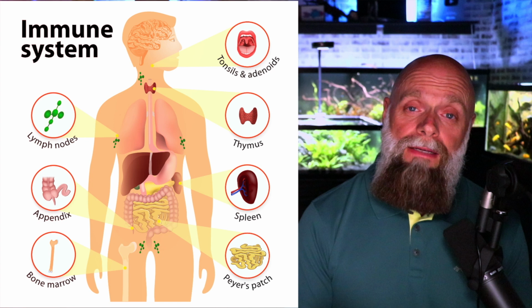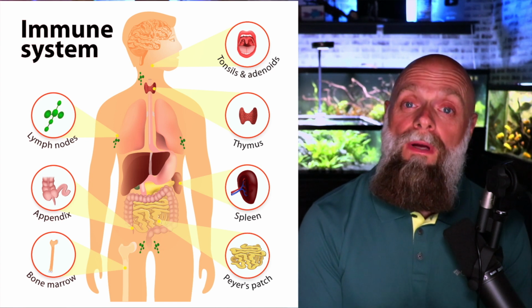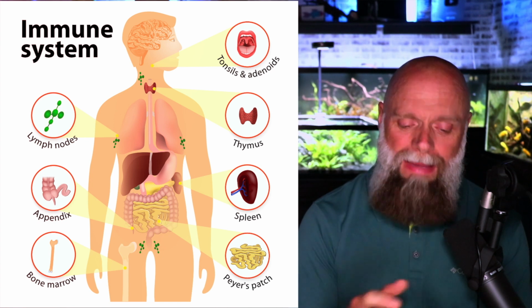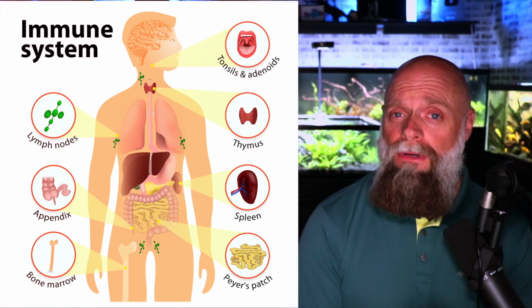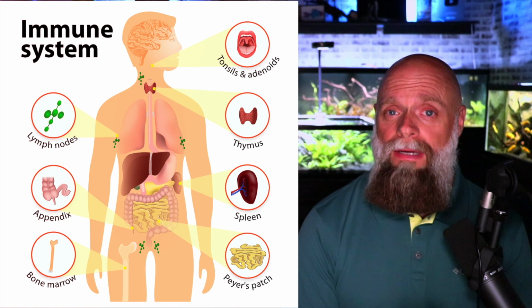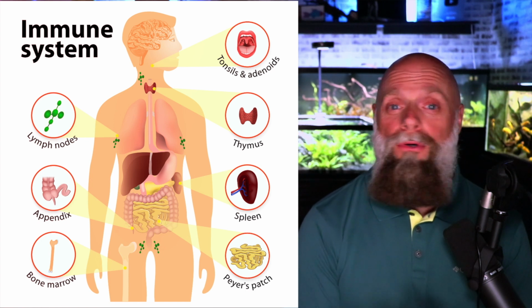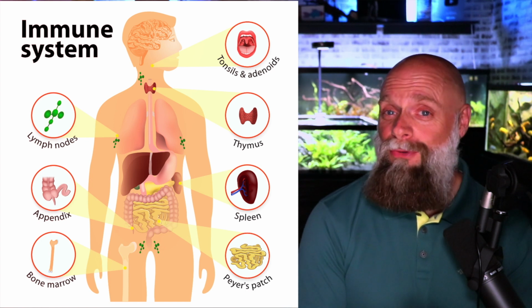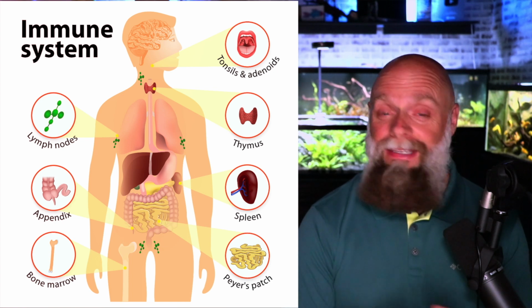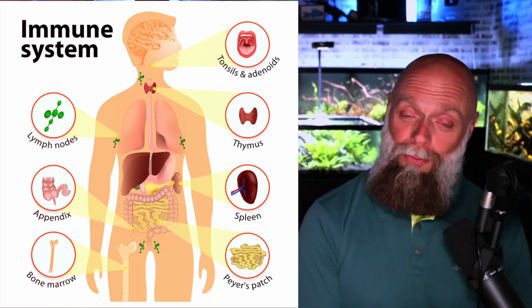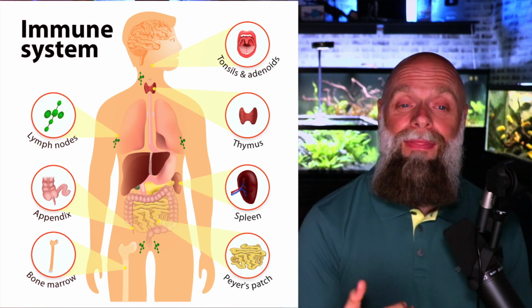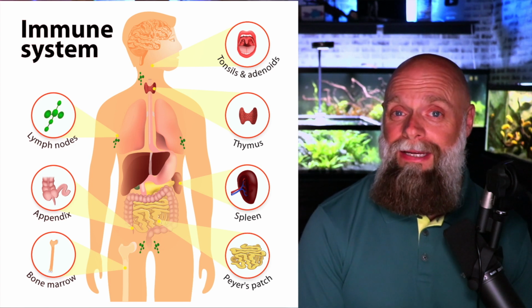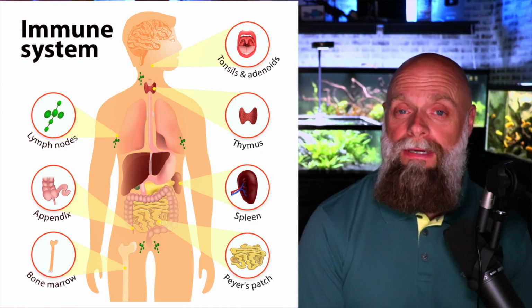The secondary lymphoid organs are often areas where antigen is encountered, where the bad guys are encountered. That would be things like the lymph nodes, adenoids, tonsils, mucosal-associated lymphoid tissue, otherwise known as MALT, skin-associated lymphoid tissue, otherwise known as SALT, and Peyer's patches. You also have the spleen and the appendix that are associated as secondary lymphoid organs.